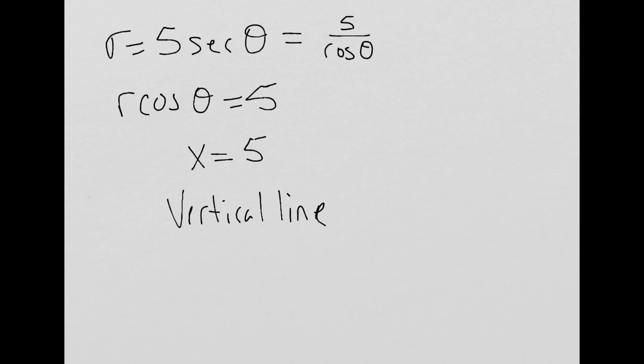What if we had, instead of that, r equals 2 sine theta? Now if I want to try to convert this into rectangular coordinates, I don't have something to go on right away, because I don't have an r sine theta or an r cosine theta.